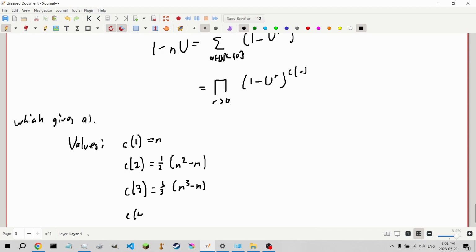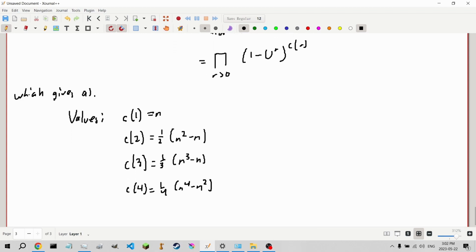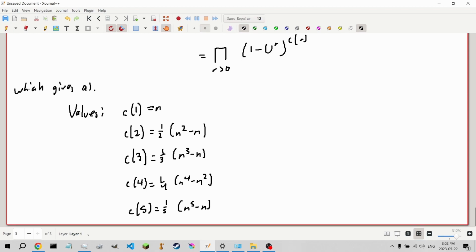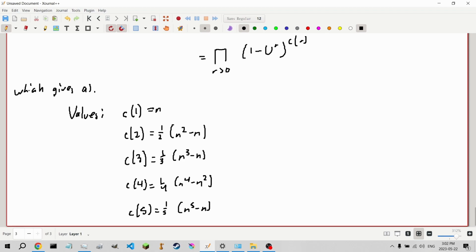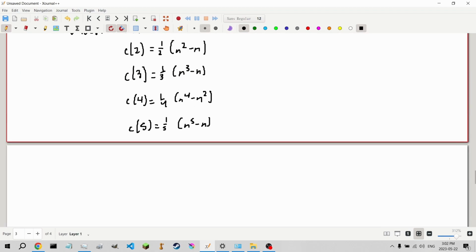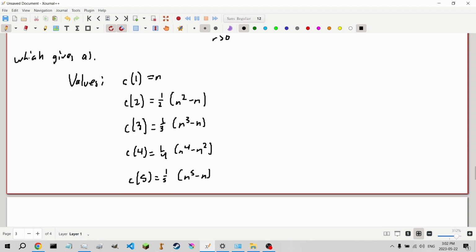C of 4 is 1/4 of n to the 4 minus n squared. C of 5 is 1/5 times n to the 5 minus n. And C of 6 is going to be 1/6 times n to the 6 minus n cubed minus n squared plus n.